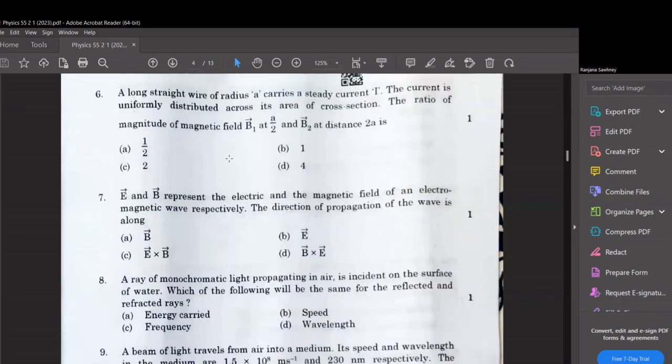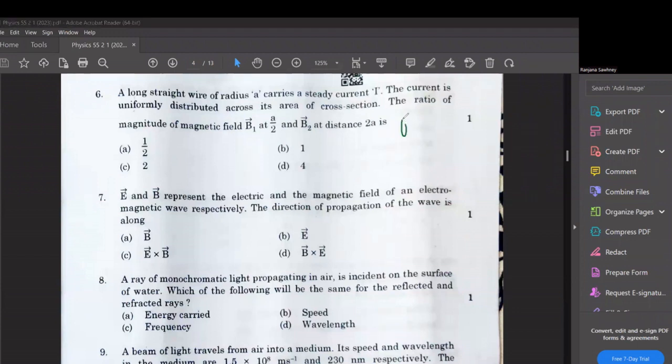Question number 6. A long straight wire of radius A carries a current I. Let us draw the figure. This is a long straight wire whose radius is A and the current flowing through it is I. The magnetic field B1 at A by 2: if this is the center of the wire, this much distance will be A by 2.